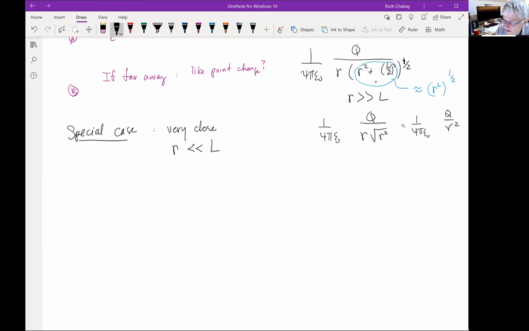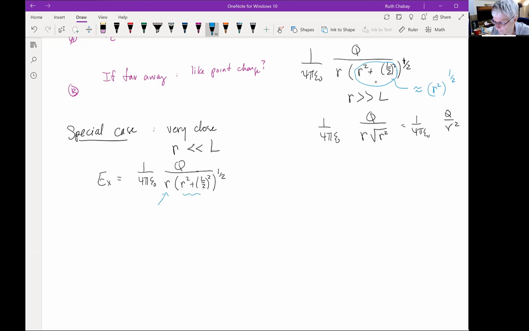Then we can make a slightly different approximation. In this case, E sub x is going to be 1 over 4 pi epsilon 0, q times r squared plus L over 2 squared to the 1/2. If R is much less than L, then we can't get rid of this R.